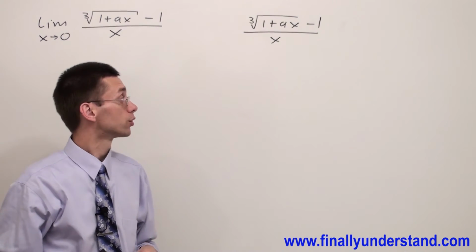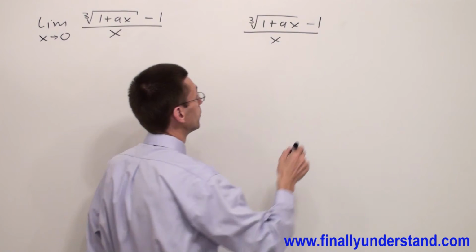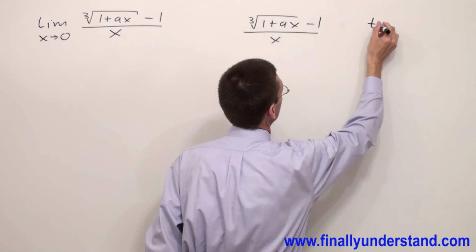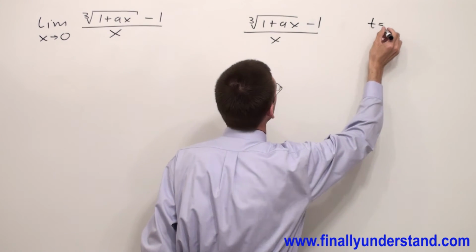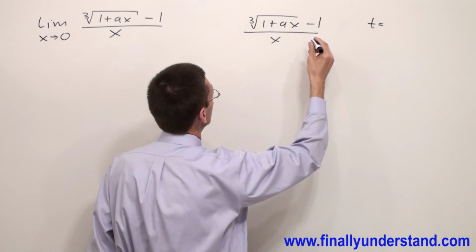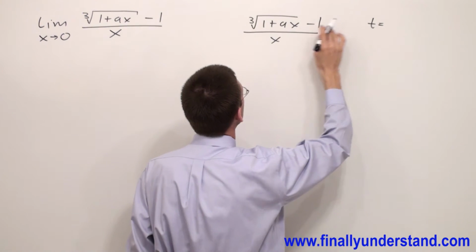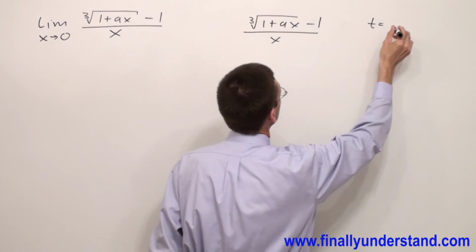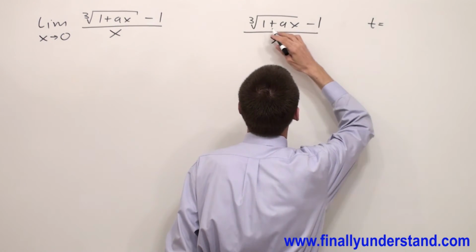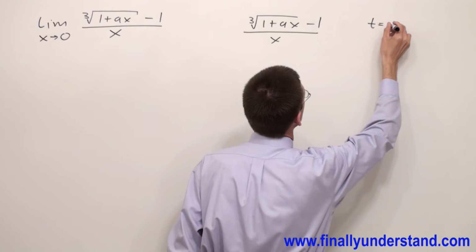I'm going to use t, a temporary variable, which is going to help me to solve this problem. I'm going to assume that t is equal to cube root of my 1 plus ax.